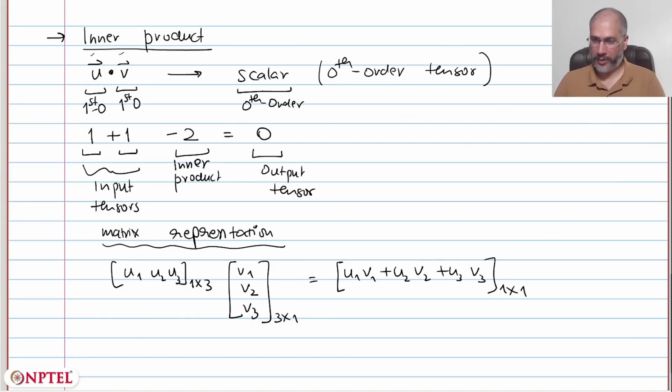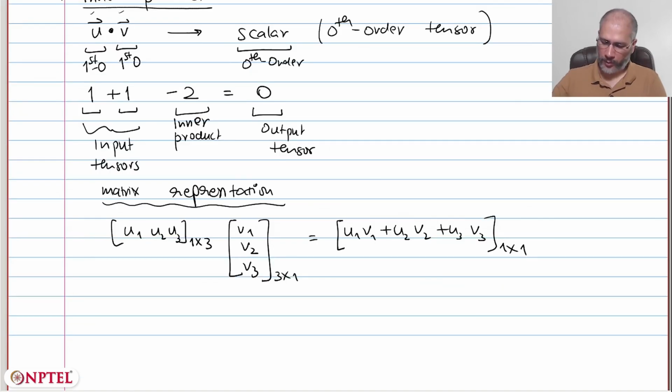That's from matrix multiplication. So the inner product between vectors u and v, which is basically the dot product u dot v, is represented as u written as a row matrix, v written as a column matrix, and we get a single scalar term as a result.